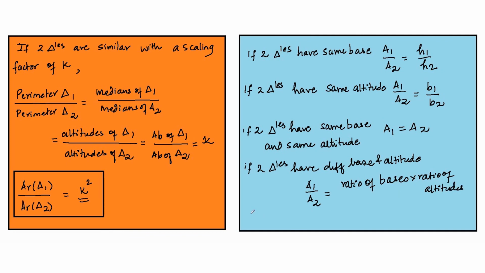And lastly, if the two triangles are similar, then the ratio of their areas is the square of the scaling factor, right? So these are the different conclusions that we have reached as far as the areas of triangles are concerned. I'm going to pause for a minute so that you can take photos if you want, and you can digest the information on the board, and that concludes the session for today.